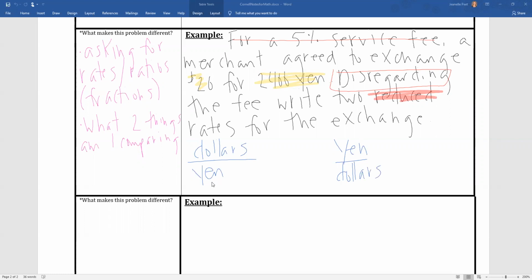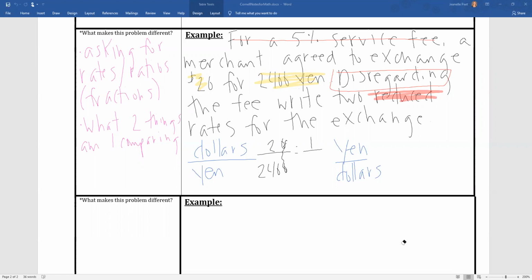Okay, so I know that I can get $20 for every, where am I going? I shouldn't have written it there, sorry. I know that I can have $20 for 2,400 yen. But again, we have to reduce that. So I can cross off this 10 here. So 2 over 240.